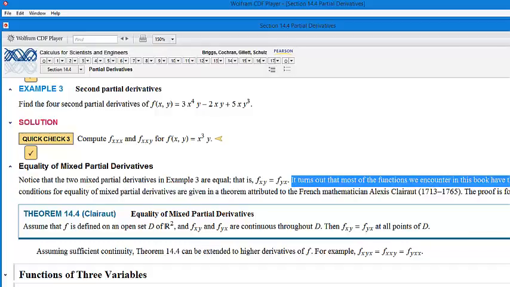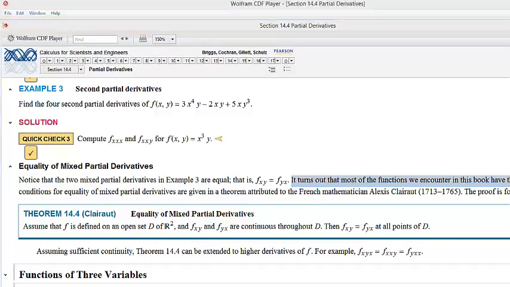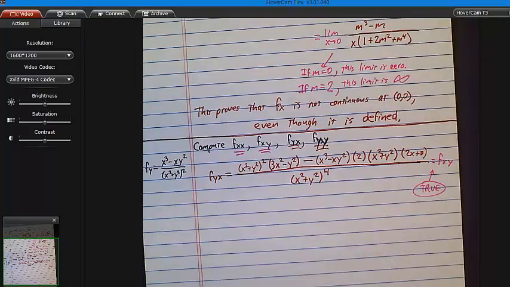Okay, so could there be an exception? Yeah, there could. But you're probably not going to have to worry about that too much. Okay, good to know. All right. What about fxx and fyy? Those are going to be different, but you can get them by swapping variables like you guys explained to me also. So let's see what we get for fyy.